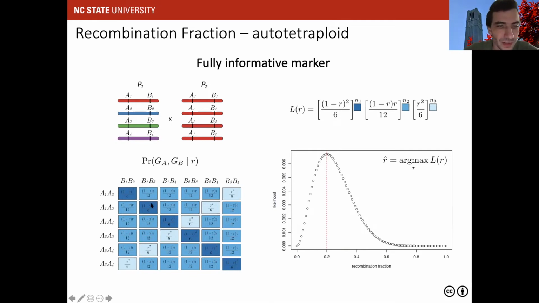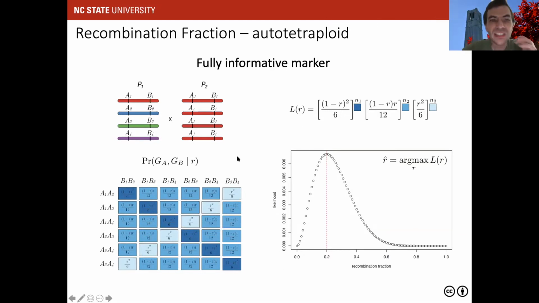So it's easier. In this case, using that equation, we can have this matrix here, and we can do the same thing we did for the diploids. You have your population, you observed your multi-allelic cases, and then you can maximize your likelihood function and obtain your recombination fraction as well, right?